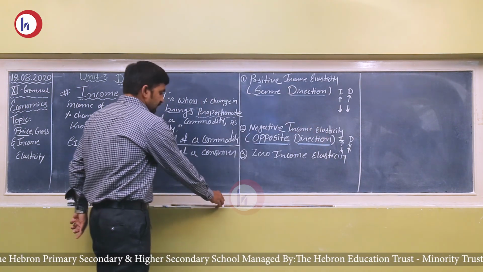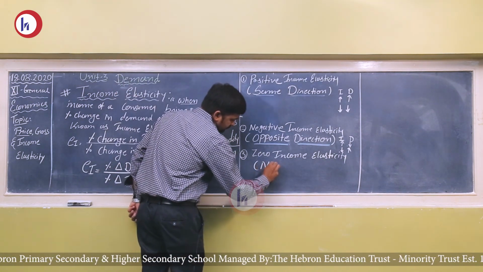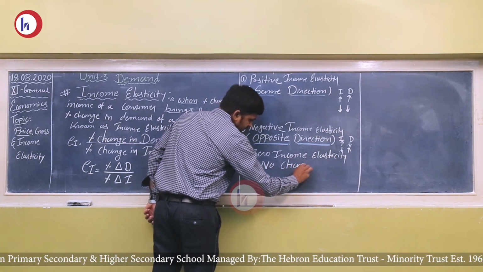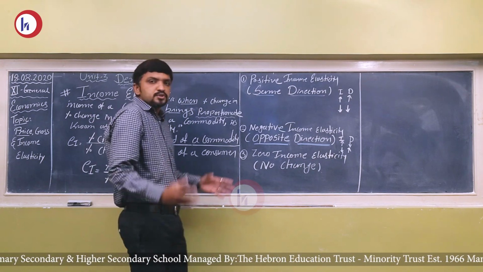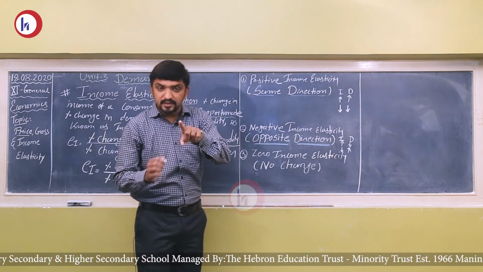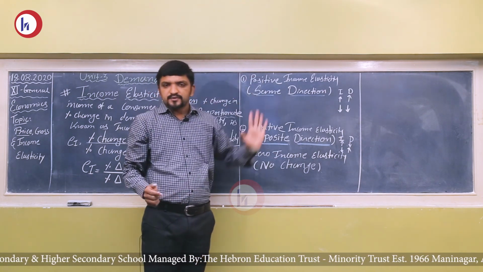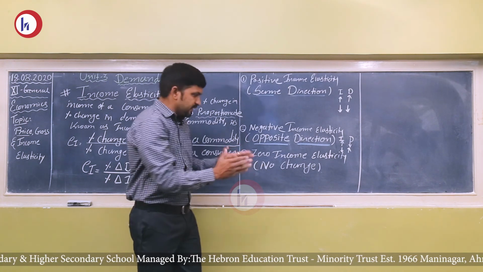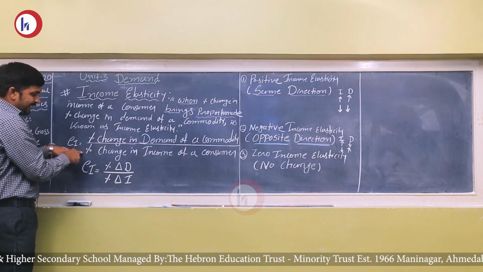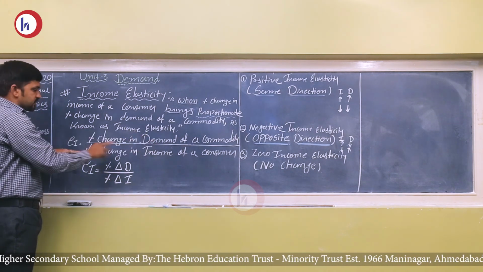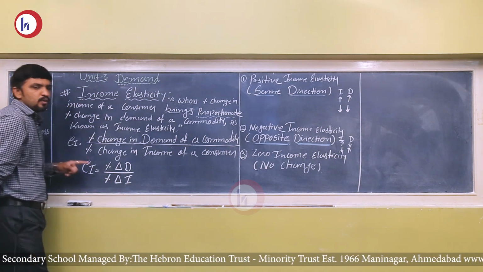And zero income elasticity means no change, like we have seen in the fifth figure of price elasticity, that irrespective of change in price, demand remains same. Here you need to write: any percentage change in income of a consumer brings no percentage change in demand of a commodity.